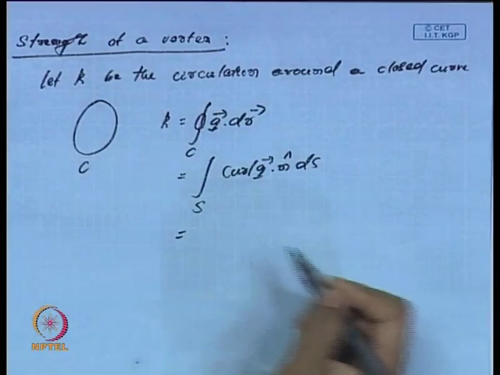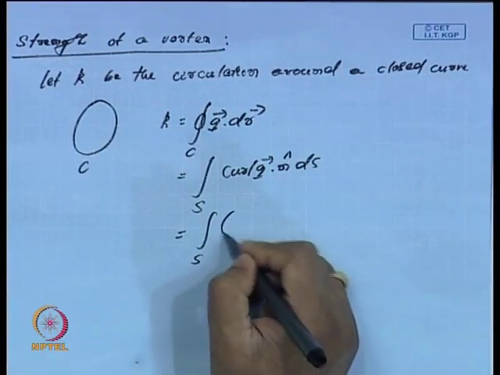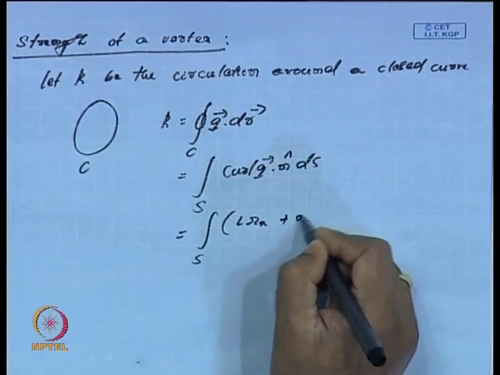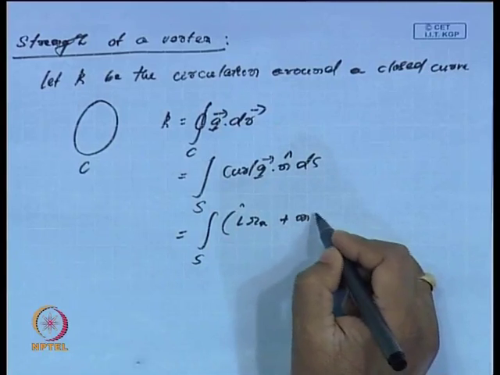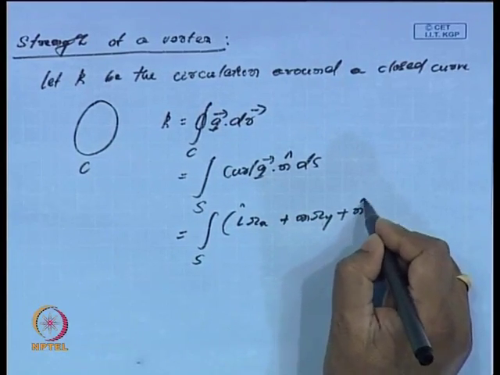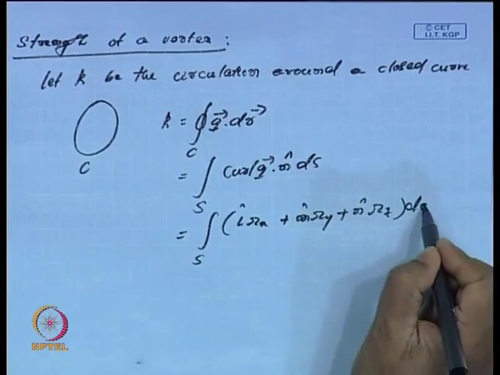If I put it in component form, it will be the integral of L omega x plus m omega y plus n omega z ds.